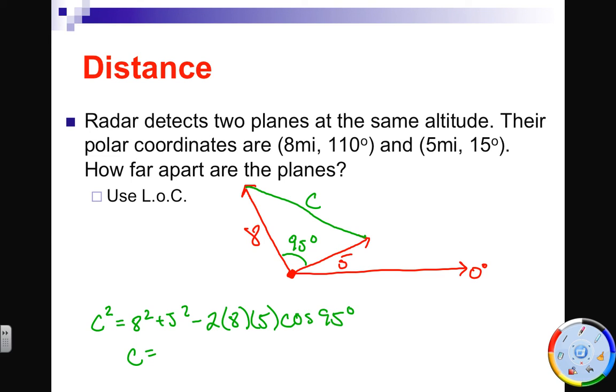Square root of 64 plus 25 minus 80 cosine 95. Make sure I'm in degree mode. I get 9.7, or 9.8, really. And we're dealing with miles, so they are 9.8 miles apart. And that does make sense that that has to be bigger than 8 because 95 has to be the biggest angle in my triangle.